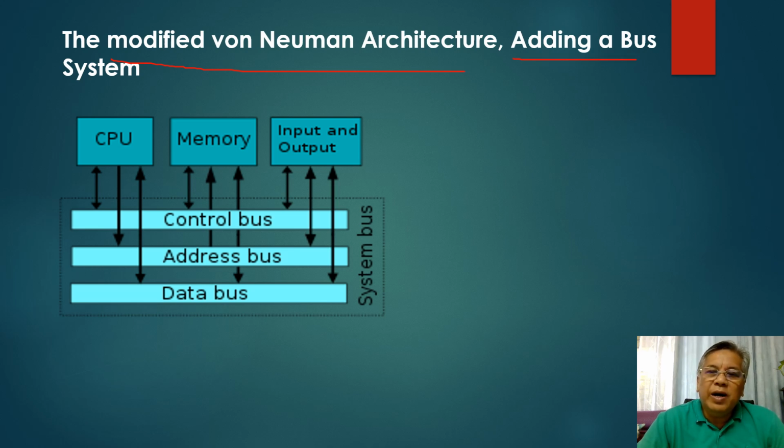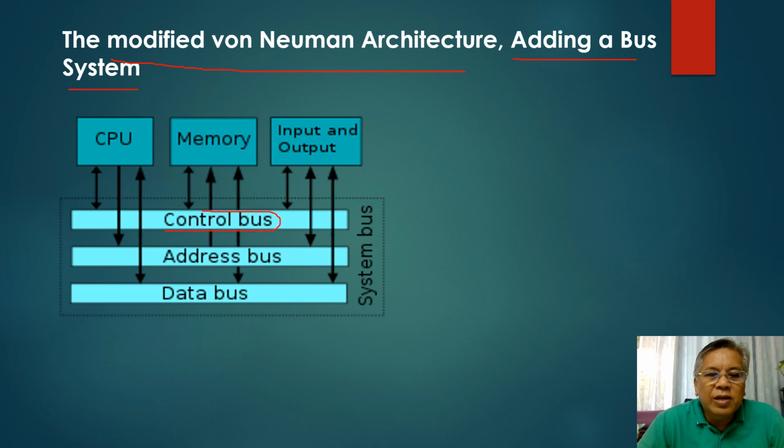adding a bus system. So in our previous discussion, we said that we have a control unit that transmits data into your arithmetic logic unit, for example, into your output device and so on. So the instruction coming from your control unit actually passes through your control bus. Okay, this one here.